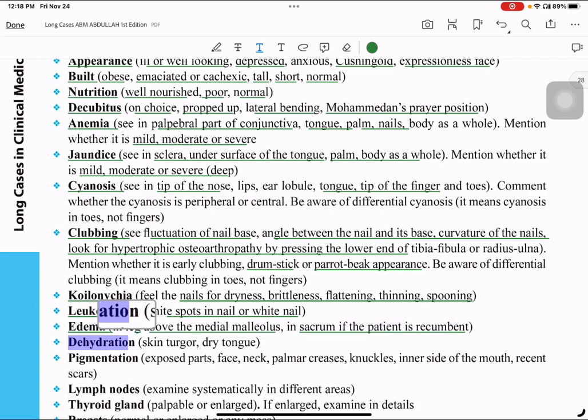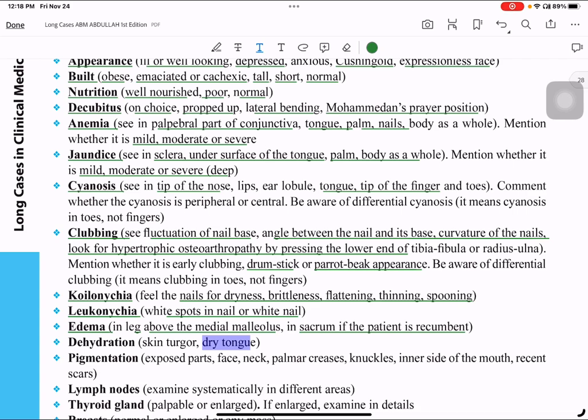Then we have to look for dehydration by skin turgor or dry tongue. From the tongue, we can look for dehydration. But at the bedside, if we see skin turgor or dry tongue, we must look at blood pressure and pulse.